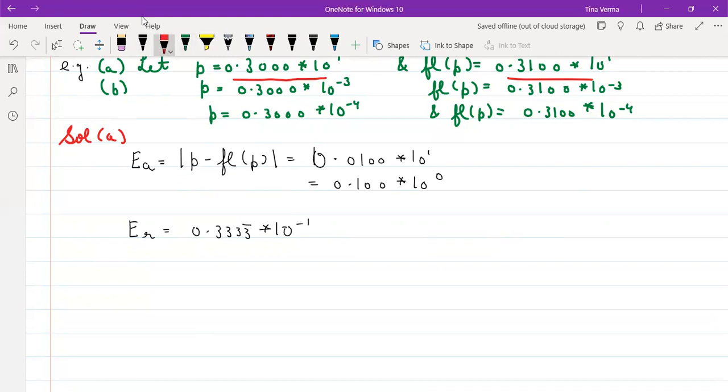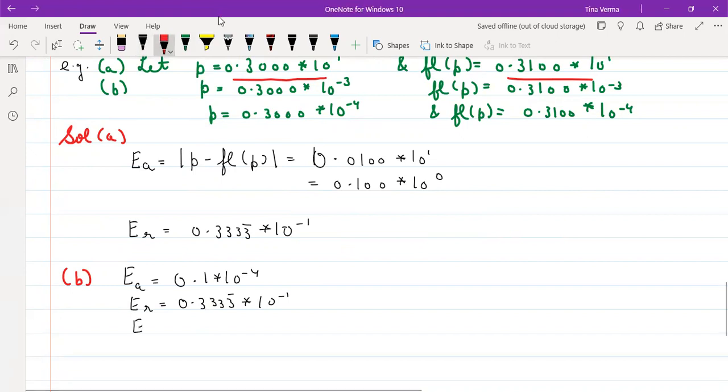If you consider the second part, the absolute error comes out to be 0.1 into 10 raised to the power minus 4, and the relative error comes out to be 0.3333 into 10 raised to the power minus 1. In the third part, the absolute error comes out to be 0.1 into 10 raised to the power 4, it is not minus 4, it is 4.